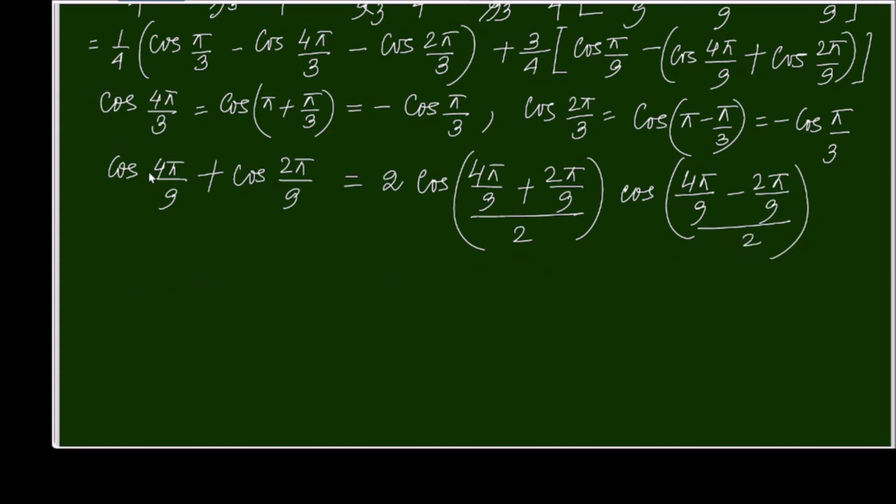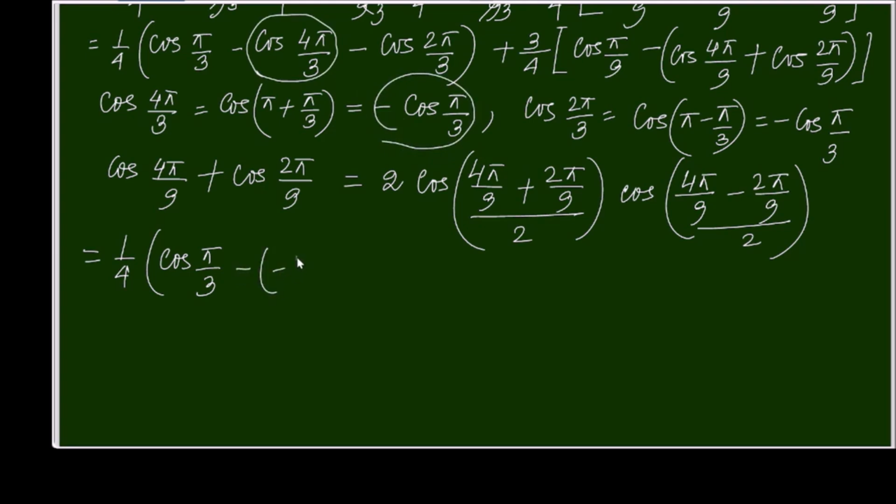So now this 1 by 4 cos pi by 3. I'm getting back to the expression I have to prove. Instead of this, I'll get negative, so minus cos pi by 3. And for the third term, again I'm getting minus cos pi by 3.